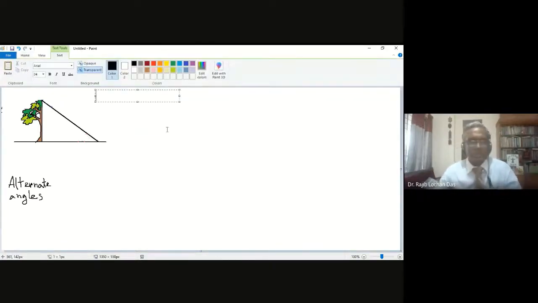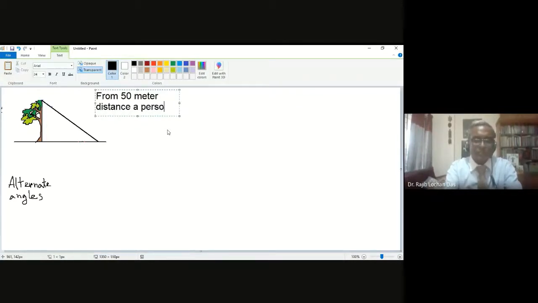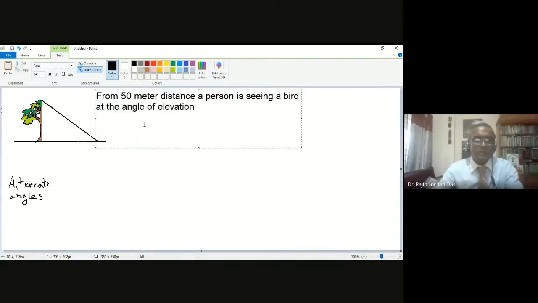From a 50-meter distance, a person is seeing a bird at the angle of elevation, say, 42 degrees. I will give the degree symbol.